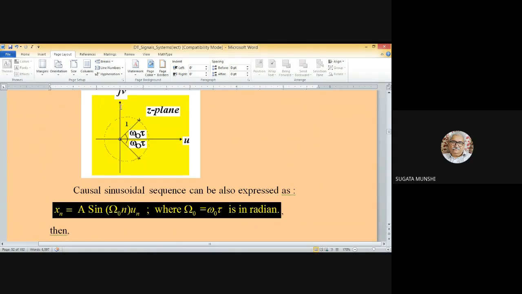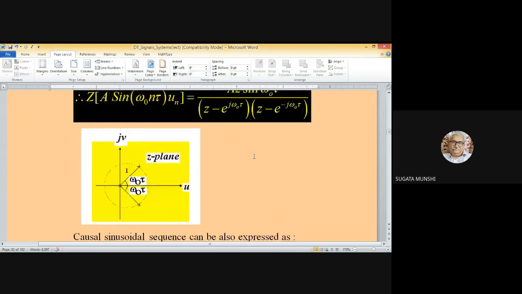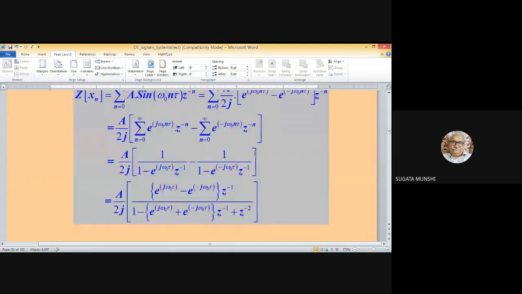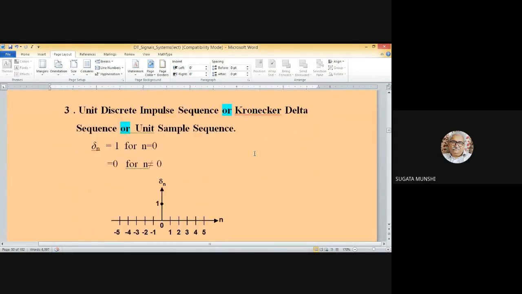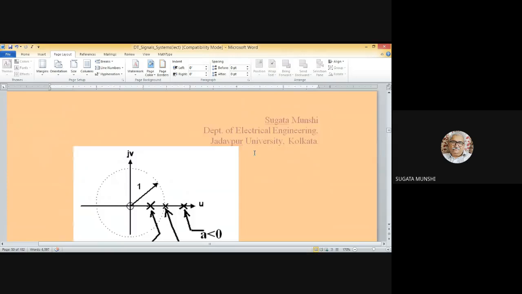What is the region of divergence? The region of convergence is the exterior of the unit circle, and the region of divergence is the interior of the unit circle. There are two poles and they are lying on the boundary between the region of convergence and region of divergence. If you consider the earlier sequences, for the step sequence, what was observed?